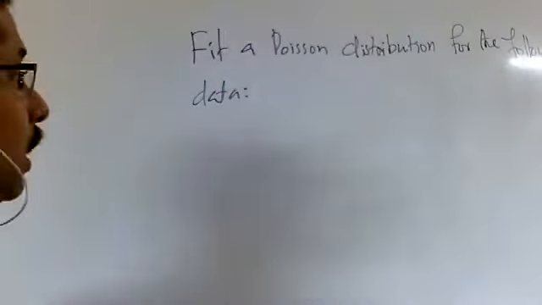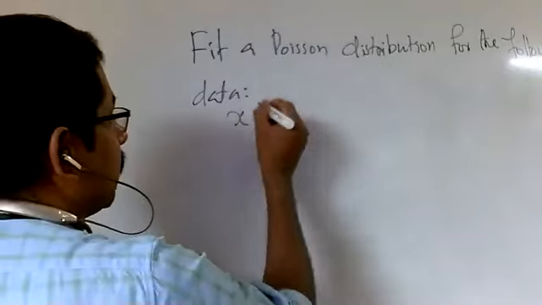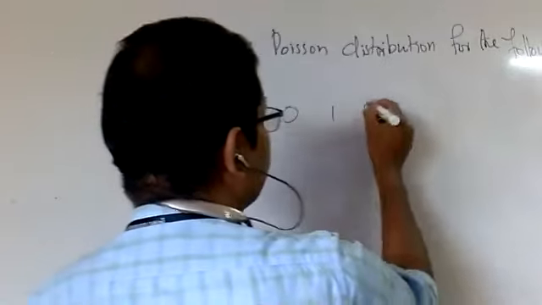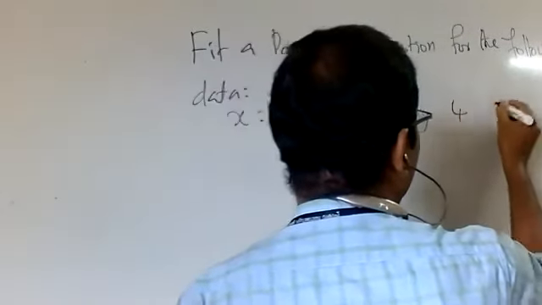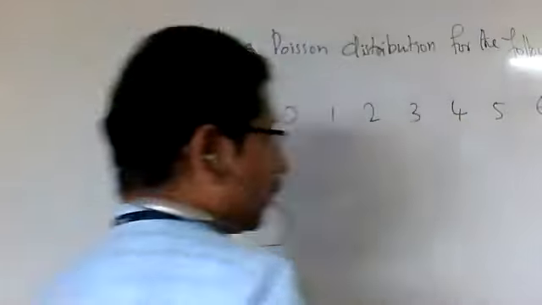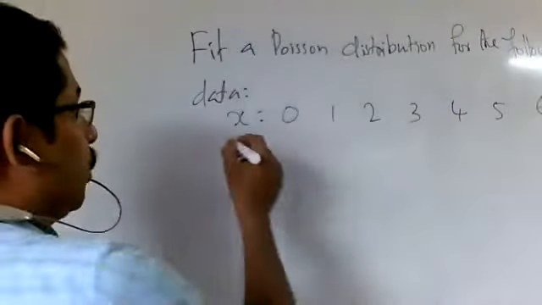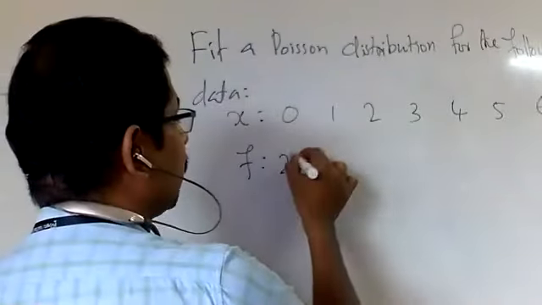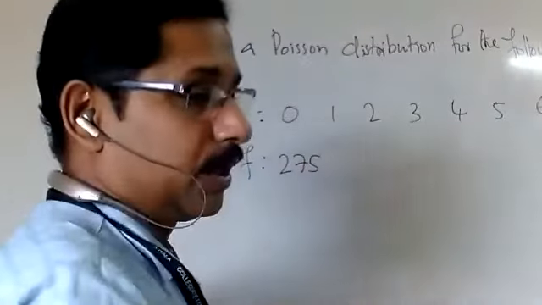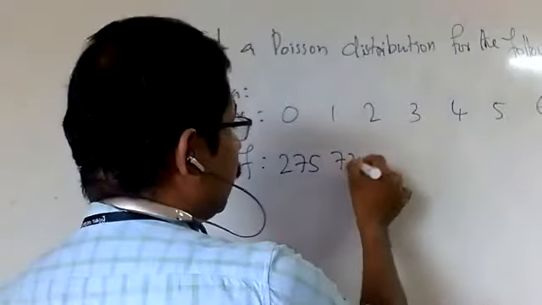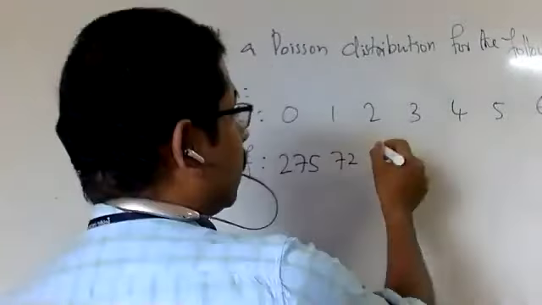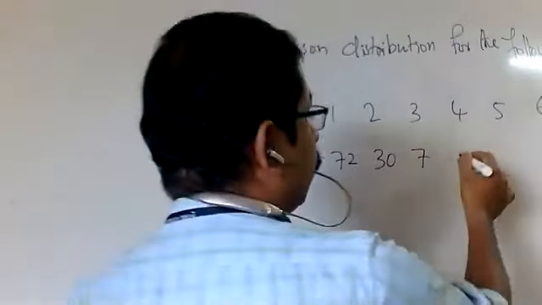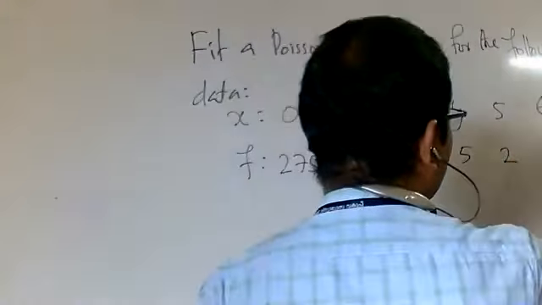Here the data are: x takes the values 0, 1, 2, 3, 4, 5 and 6, and its frequencies are 275, 72, 30, 7, 5, 2, 1.